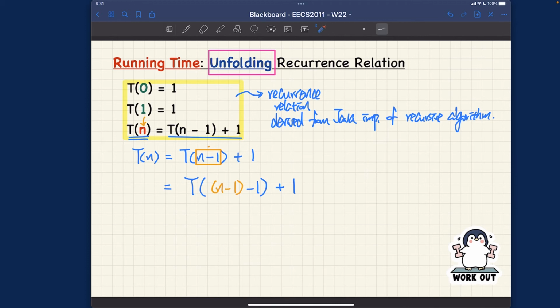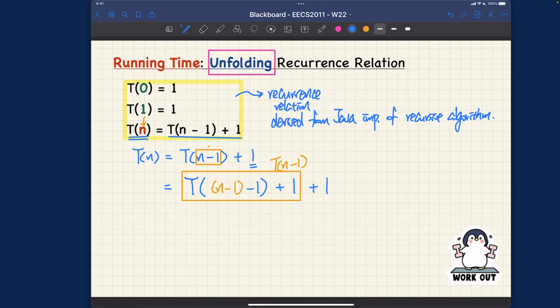In order to calculate this one, we simply substitute n by n minus 1. So that's why we got this part substituted by n minus 1. So we got T of n minus 1 minus 1 and then plus 1 and plus 1 over here. But this part over here is the T of n minus 1. You've got to study this very carefully. This part over here is the T of n minus 1, right? But don't forget about this particular plus 1. So you've got to say plus 1 over here.